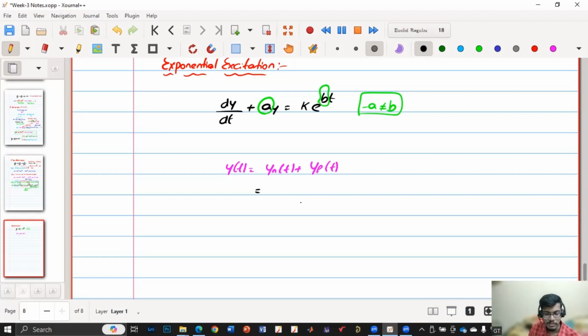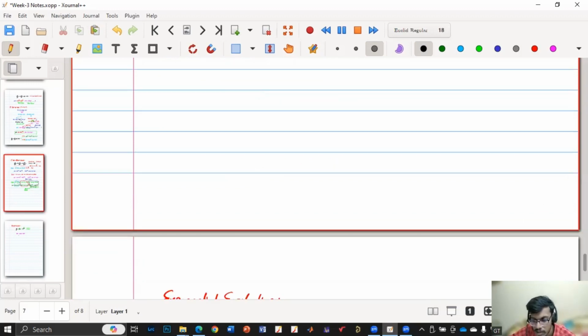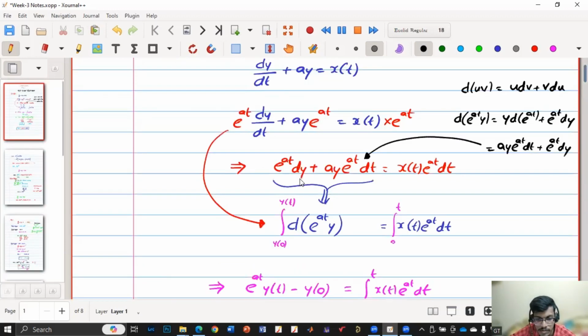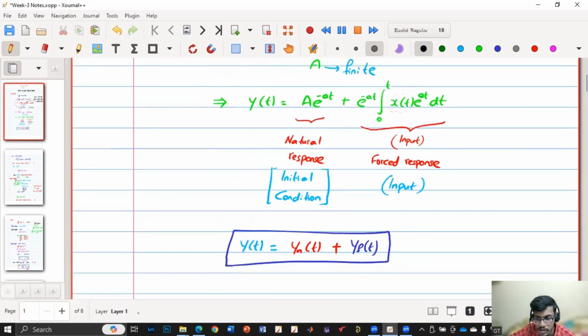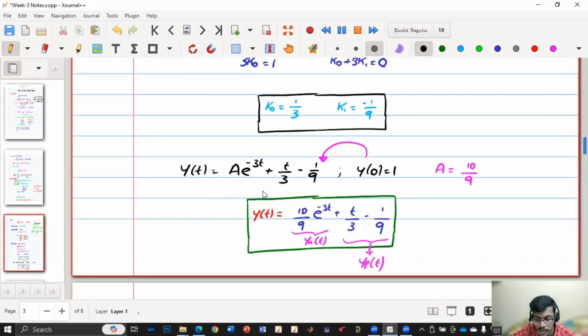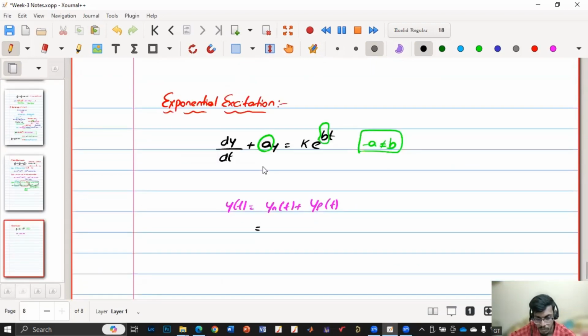So the expression will be dy by dt plus ay equal to 0. So what will be the solution of that? Similar to whatever we have learned in the first slide, it will be some coefficient capital A into e to the power minus at.